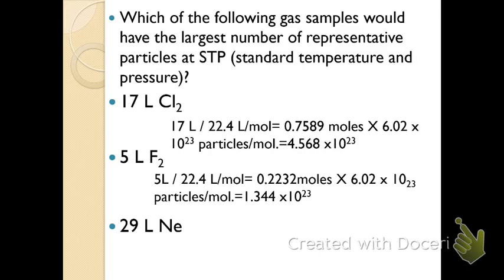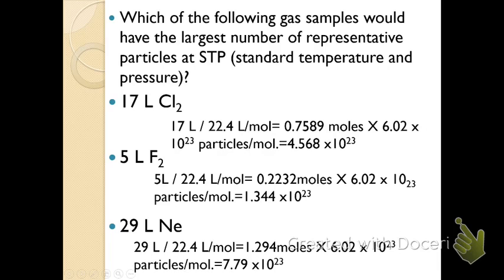Ooh, that exponent needs to be a little bit higher. I don't know how that happened. And that is going to give you 1.344 times 10 to the 23rd power. And then finally, I'm going to take the 29 liters of neon divided by 22.4 and multiply that answer by 6.02 E23, which is what we mapped out we were going to do, and that is going to give you 7.79 times 10 to the 23 particles.